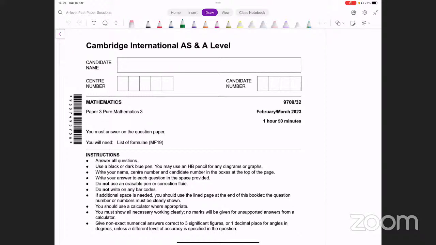Now, the marking scheme for this paper is not available yet, at least I don't have it yet. So I would really recommend that you pay attention to the solutions that I'm doing. In case I end up making a careless error, you can point that out right away, because I'm looking at a number of things at the same time.